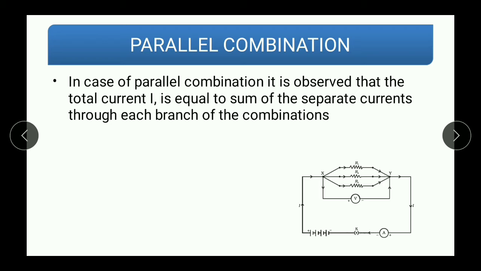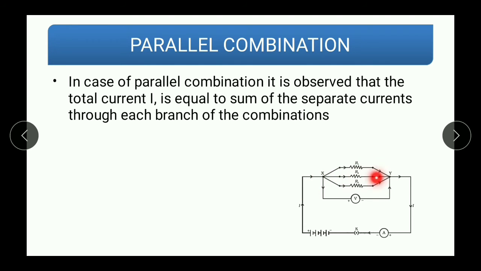Now this can be compared with a river and its tributaries. Like in this case, for example, water is flowing from this main river and then there are 3 tributaries. After the river flows, it combines together again at this point called Y.